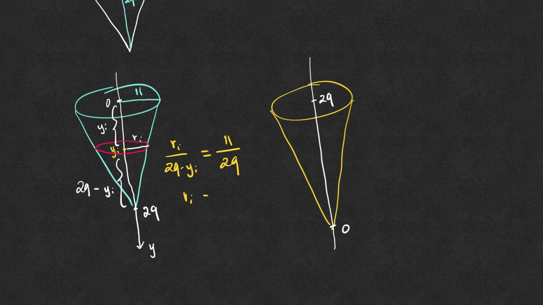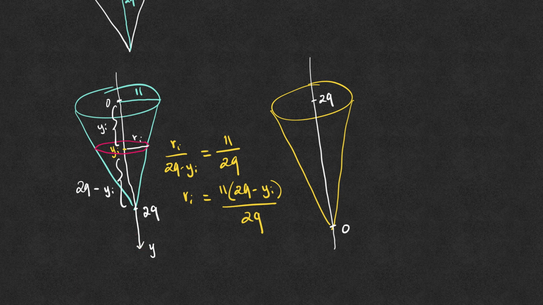Isolating r sub i, we have r sub i equals 11 times (29 minus y sub i) over 29. And so this is the radius of the arbitrary circle that we drew, assuming that we set up so that the origin is at the center of the circle with the positive y-axis pointing down.